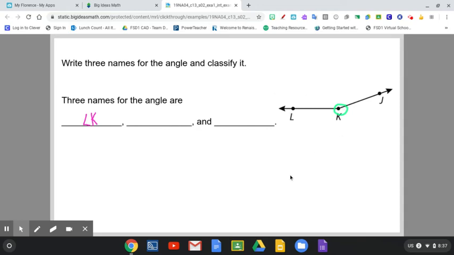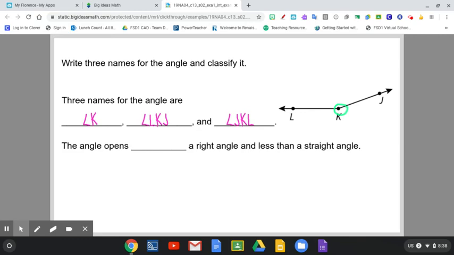So another way we can name the angle is angle LKJ. So we start here with the one point, go to our endpoint or our vertex, and then go up to the second point, making angle LKJ. And then the last way is we can name it this way, angle JKL. So we simply go the other way, start at this point, go to the vertex, and then it's kind of like connecting the dots and go to the last point. So angle JKL.